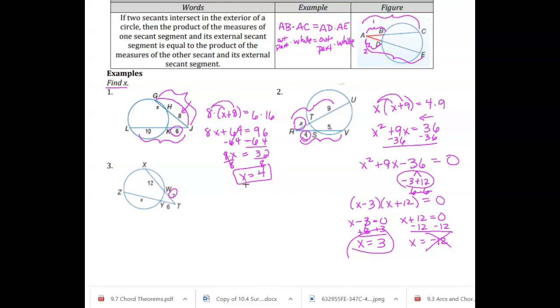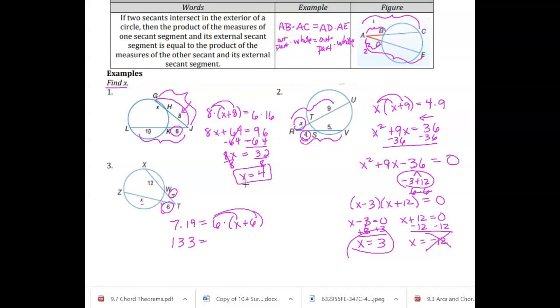So we've got the outside times the whole, which would be 19, equals the outside times the whole. Now, this one, you're only going to have one x, so there won't be factoring. So 7 times 19, so 133.